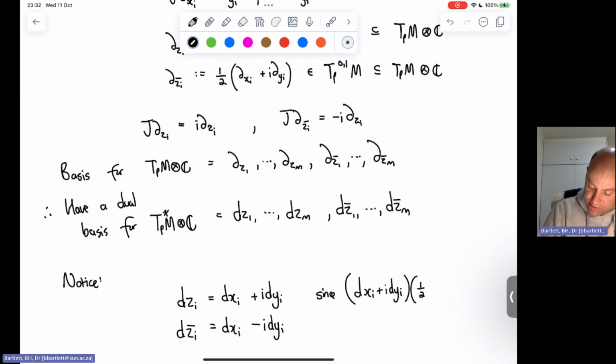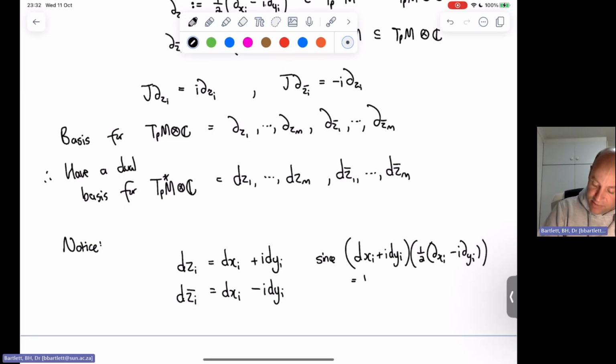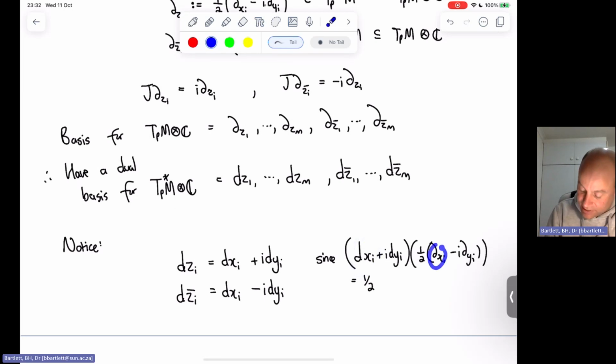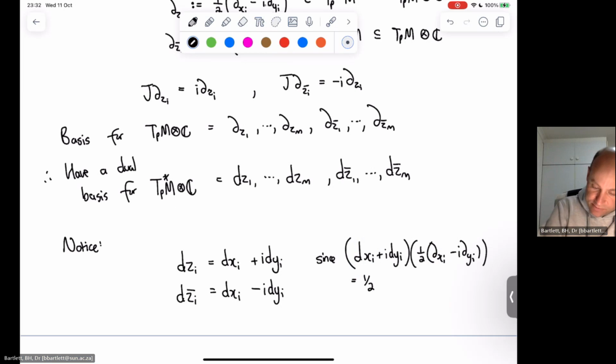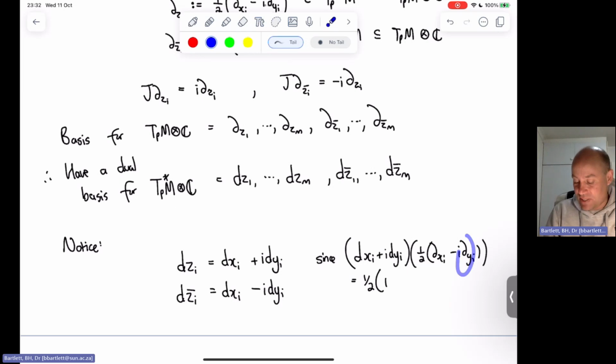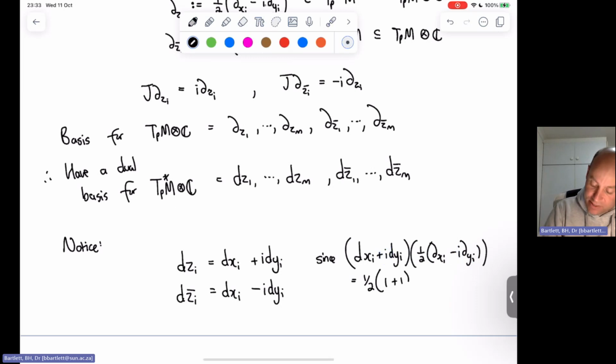So let's act on that vector. What will happen? The half comes out in front. Then the dx is going to eat up the del xi to give me a 1, and it's going to eat up the del yi to give a 0. The dy is going to eat the del x to give you a 0, and it's going to eat the del y to give you a 1. And I've got an i times a minus i, which gives you another 1. So I get 1 plus 1. That's why I needed the half, right?